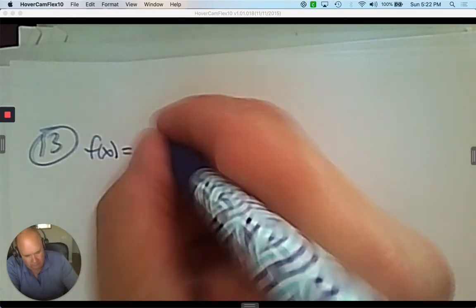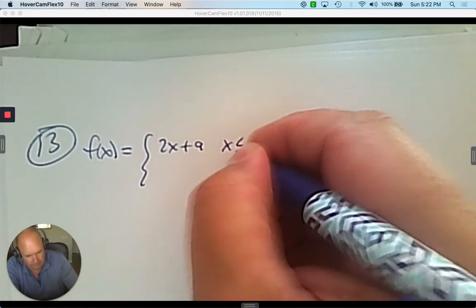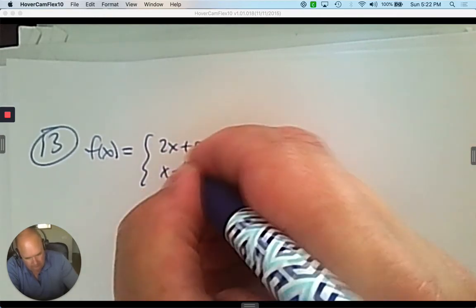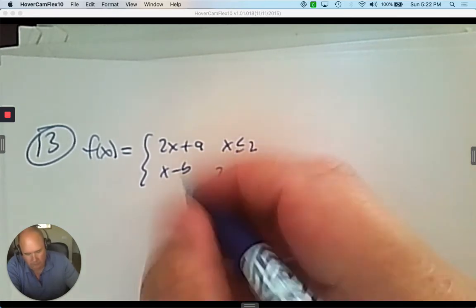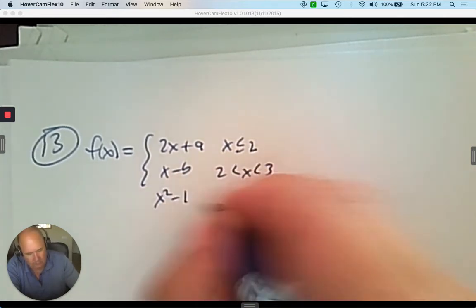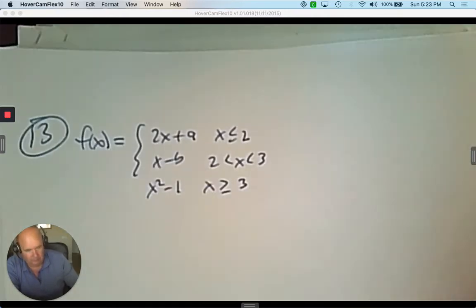In number 13, another great AP style like question. You have piecewise, and you're asked about continuity. So find A and B, so this is continuous.